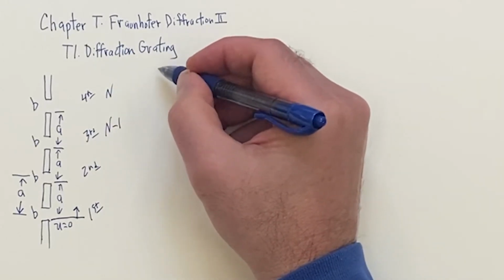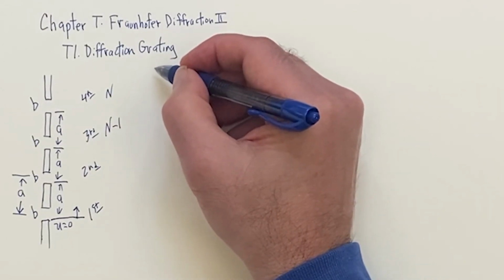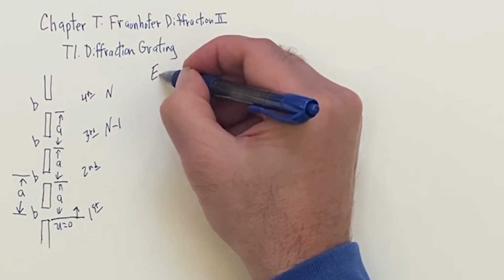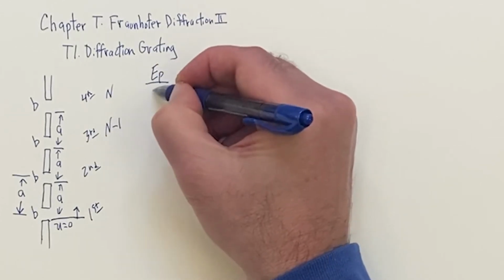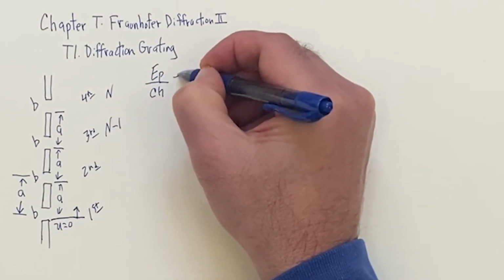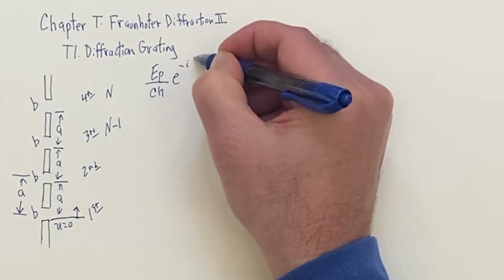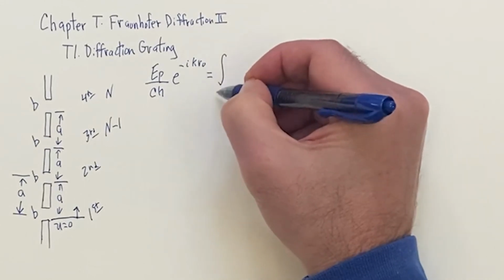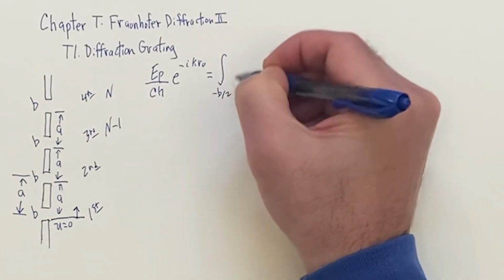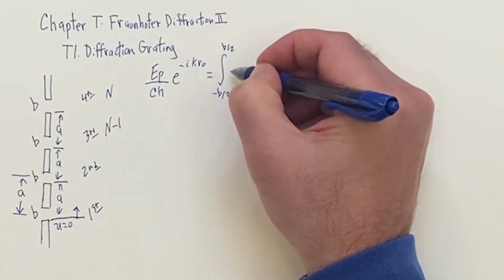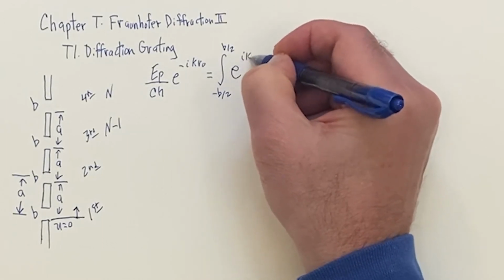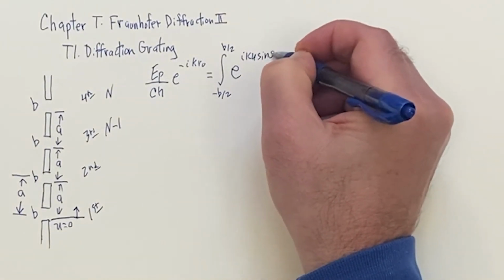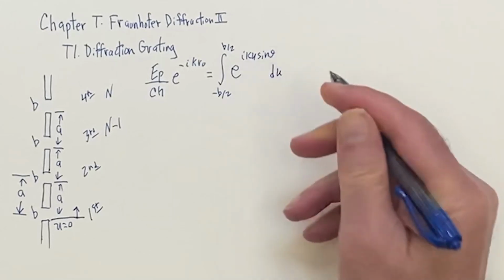And we're going to use the same result we did before. Before we had EP over CH e to the minus iKR naught, that was equal to the integral from minus b over 2 to b over 2 of e to the iKU sine theta du.